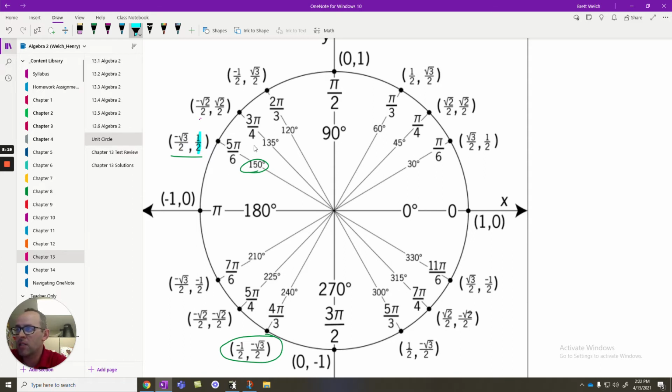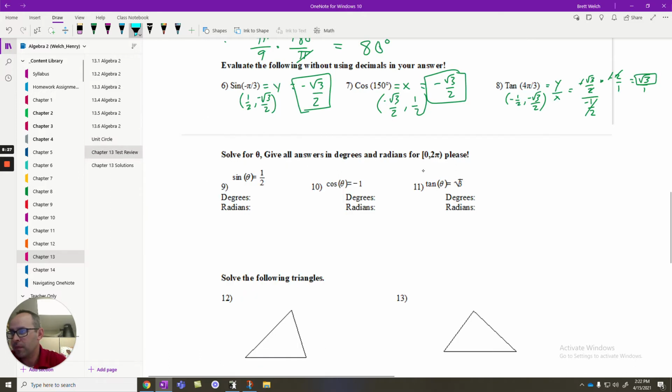And remember, sines always go across the circle, and there's another one. So I've got 30 and 150 degrees. So for degrees, I would say 30 degrees and 150 degrees. Looking at my circle, that's the same as pi over 6 and 5 pi over 6.